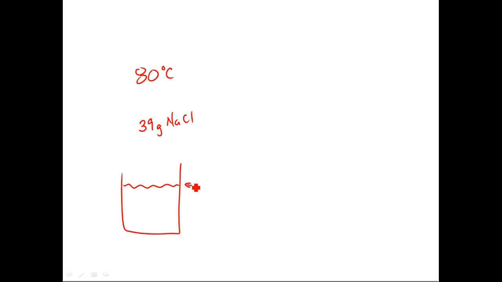All right, so at 80 degrees Celsius, we were able to hold 39 grams of sodium chloride. Quick little drawing here. We've got 100 milliliters, which is 100 grams of H2O, and we dumped in this 39 grams of sodium chloride. You stir it around, what does it look like? It looks like salt water. There's no salt at all on the bottom of this container, okay?